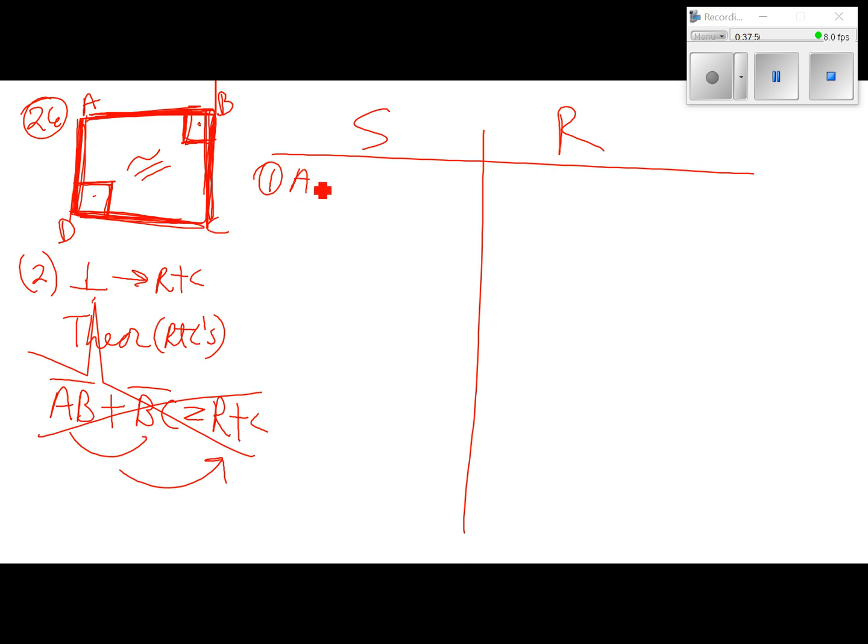So the first thing I'm going to say is segment AB is perpendicular to segment BC. And we knew that because it was given to us. Once we knew that this and this were perpendicular, then we can say that this angle right here has to be a right angle. So I'm just going to name it angle B. We could have also named it angle ABC, but I'm just going to name it angle B to make it easier.